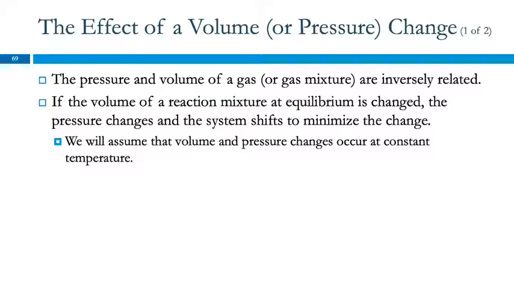So if the volume of a reaction mixture at equilibrium is changed, then the pressure changes. The system will shift to minimize the change. To simplify things, we're going to assume that these changes occur at constant temperature. Because the temperature can also change, but we're not going to go there.